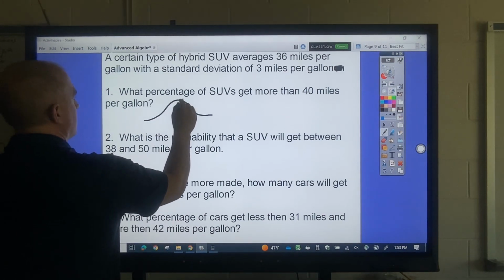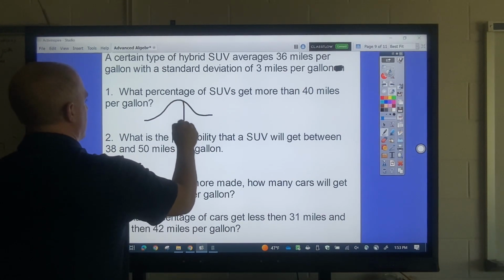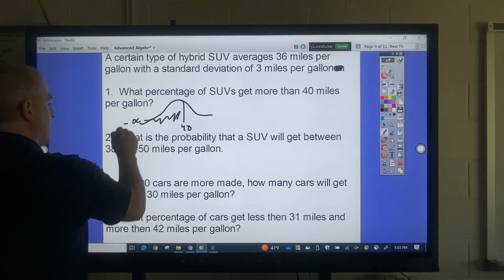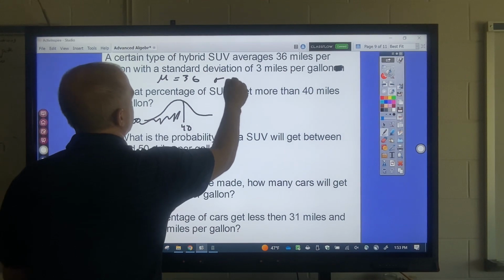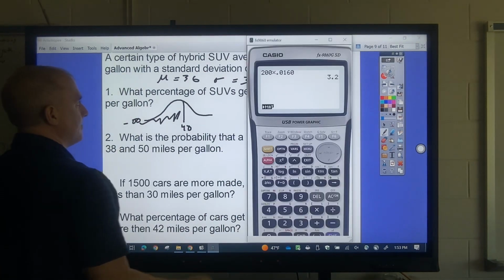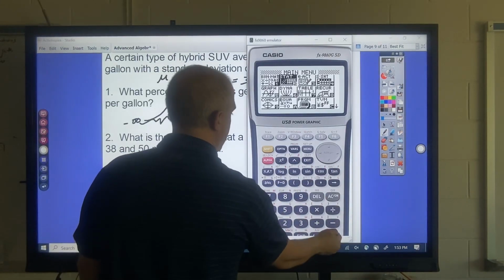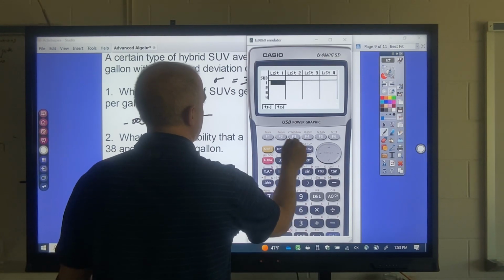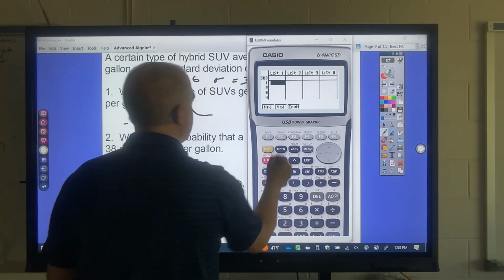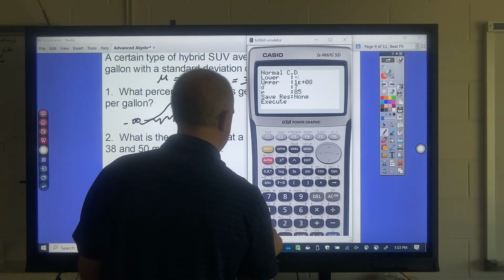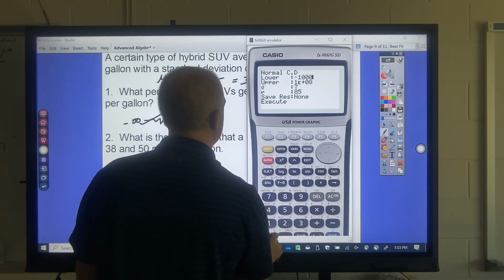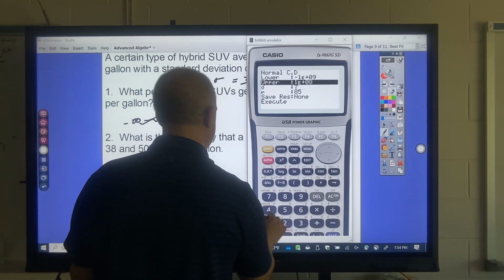All right, so 40. It would be this, up to negative infinity. Our mean is 36, standard deviation is 3. So menu, stat, dist, norm, NCD. My lower is going to be negative infinity, my upper is 40.